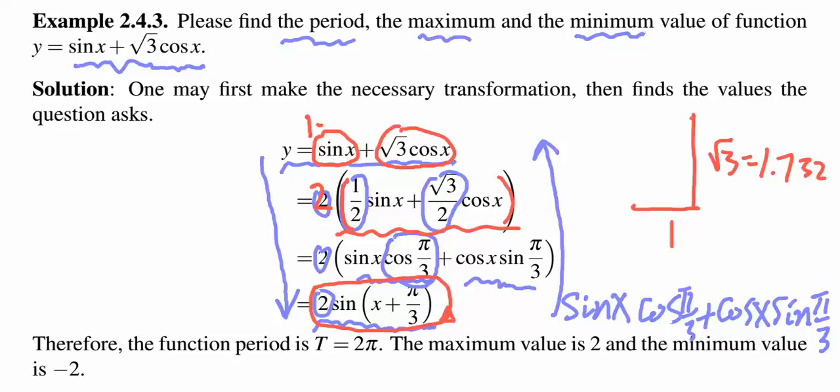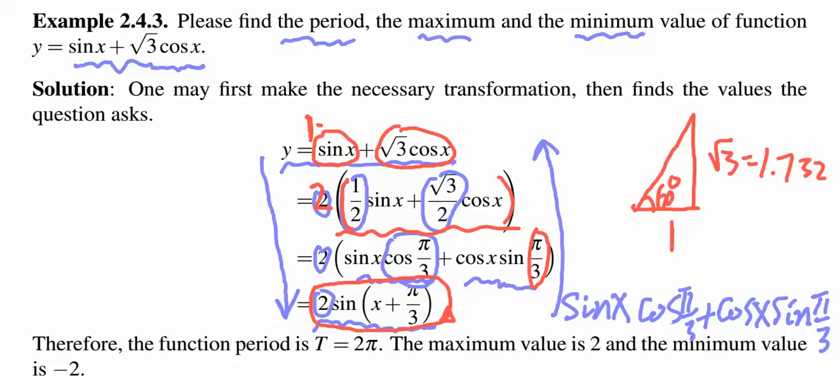So then this angle will be 60 degrees, which is pi over 3. This is 1, so then we have a 1 here. What we basically do is use the coefficient of sine x and the coefficient of cosine x, radical 3, as two legs.